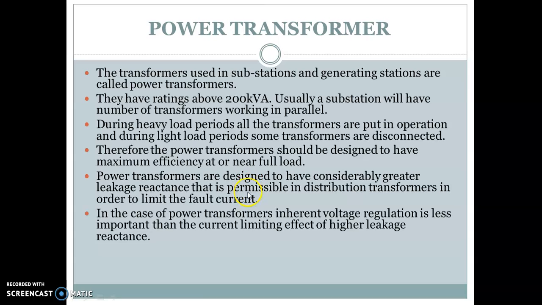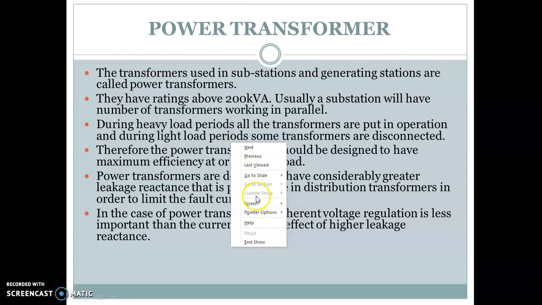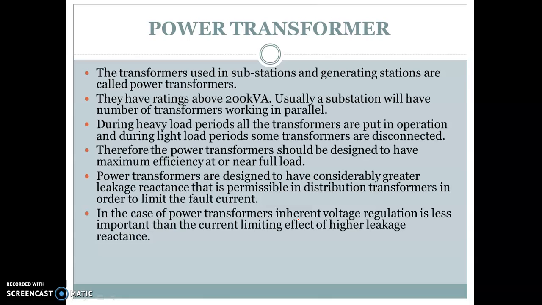Now you come to the power transformer. A power transformer is a transformer used in substations and generating stations. Substations and generating stations, the transformers used there are called power transformers.